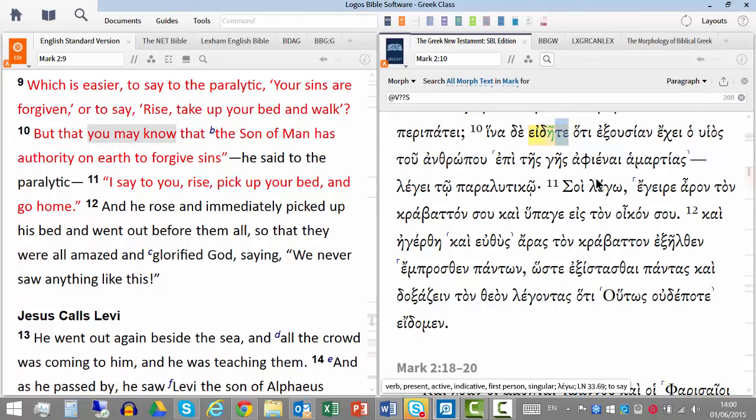And the personal ending te, which is second person plural active. So you might say, if I were unsure that this was aorist, that this was subjunctive, here is an absolute giveaway. Hina always takes a subjunctive. So it's in order that, purpose clause, you might know it's aorist because of the second aorist tense stem.